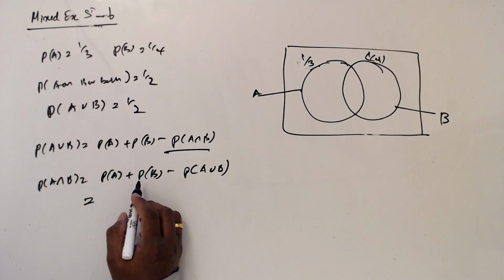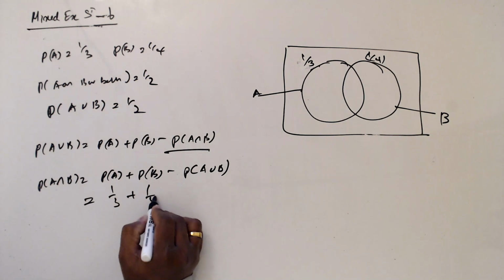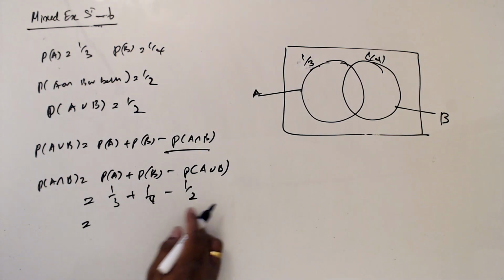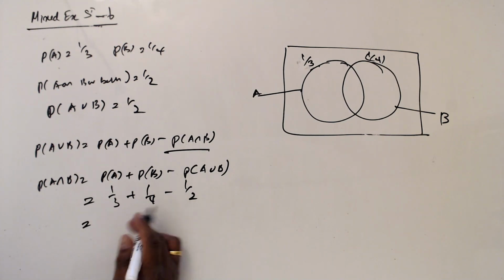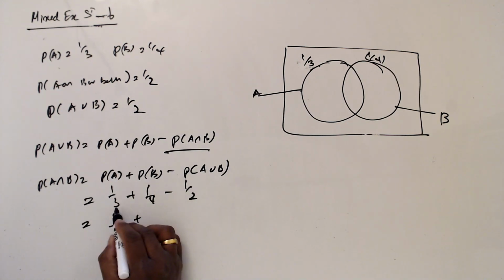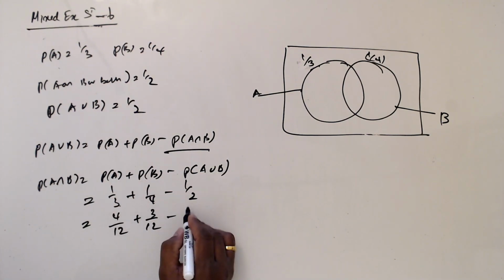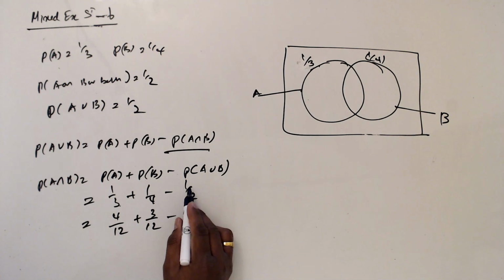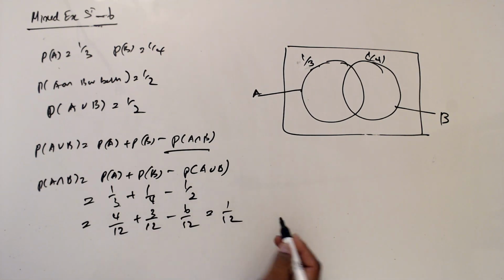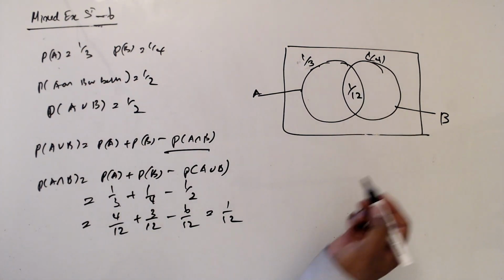So this is going to be 1/3 plus 1/4 minus half. So this is going to be over 12: 4 out of 12, 3 out of 12, and this is 6 out of 12. So this is 1 out of 12. So this intersection area is 1 out of 12.